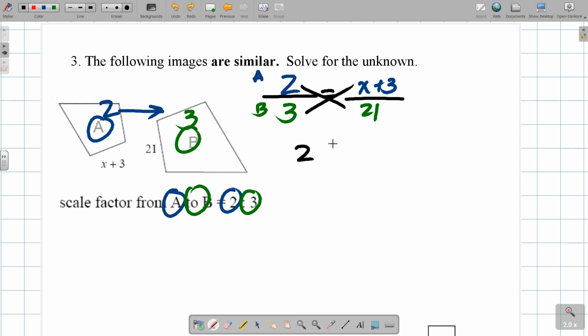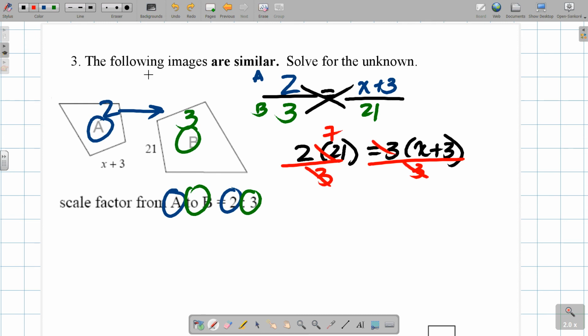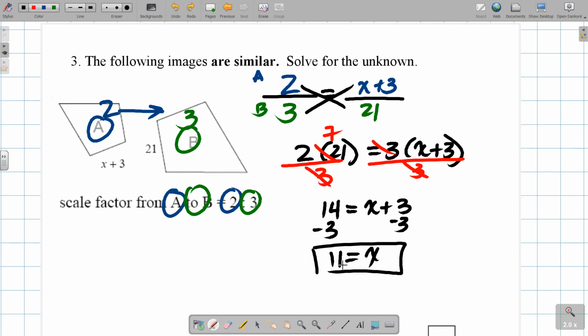Cross multiply. And divide both sides by 3 rather than distribute. I think x equals 11. Let's see if that's true. I'm going to put an 11 here. I get a 14. So I do 14, 21. 7 goes in twice. 7 goes 3 times. There.